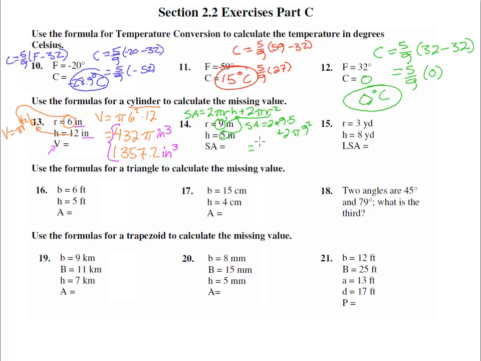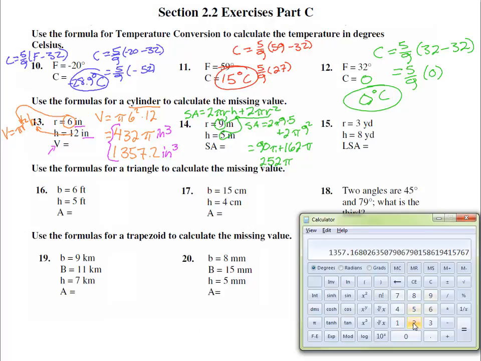So this is going to equal 2 times 9 times 5, that's 90 pi, plus this is 9 times 9 is 81 times 2 is 162 pi. So adding those together, and we get 252 pi.